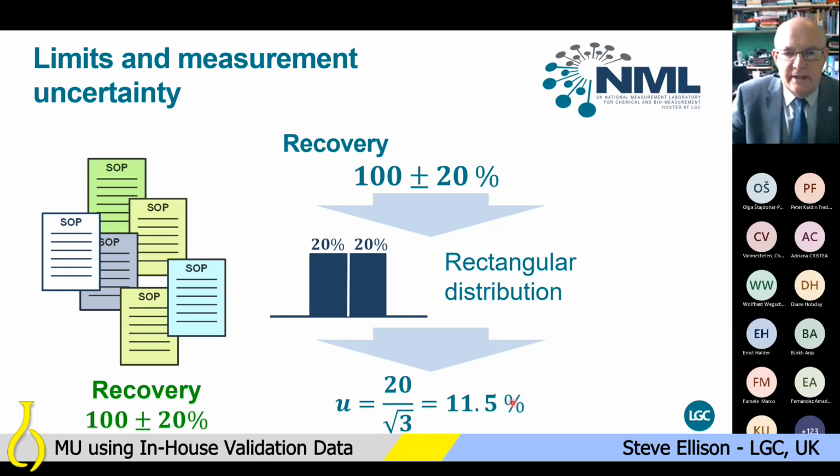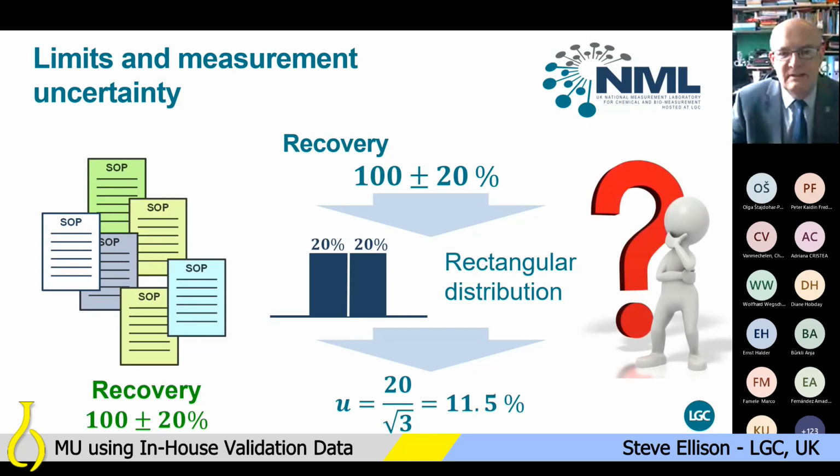That gives us, for this particular system, about 11% standard uncertainty. So that looks quite reasonable by comparison with typical components, other input quantities. And the question I'd like to ask is, is that actually reasonable? Should we be treating permitted recovery in exactly the same way as a manufacturer's specification?